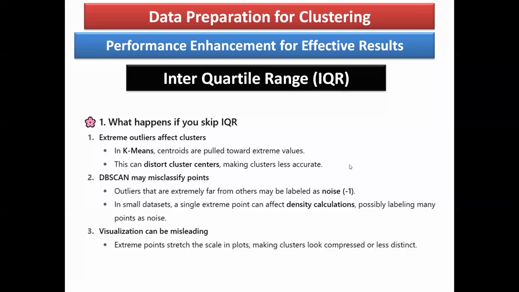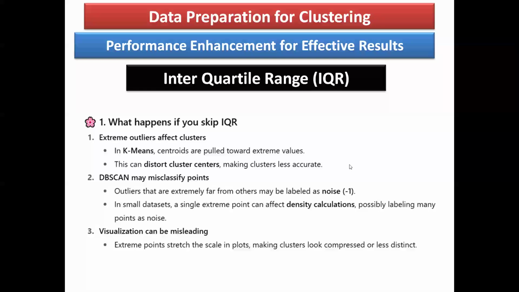Without IQR, 25 will be taken into consideration, and the centroid distance will be calculated from 25 also. The 25 value will try to allocate itself in some cluster, but we already know that it is an outlier. But okay, these are only 4 to 5 values. In 4 to 5 data items, or 10 or 20 data items, we can check.